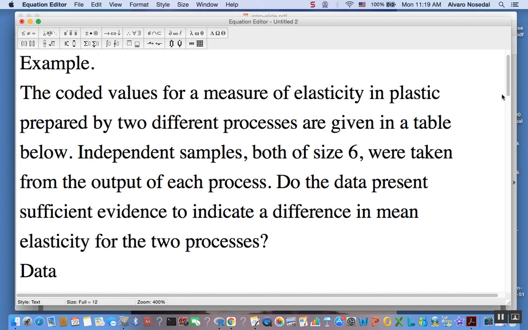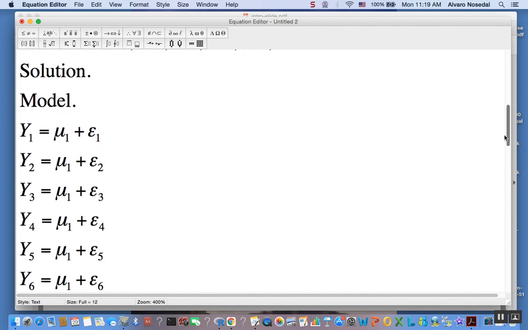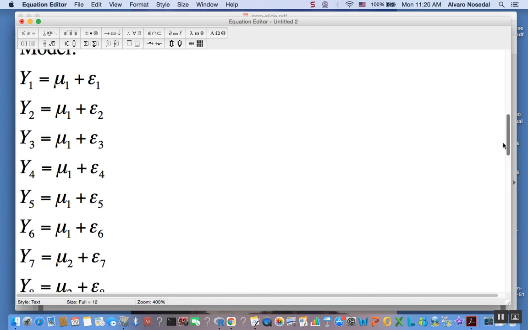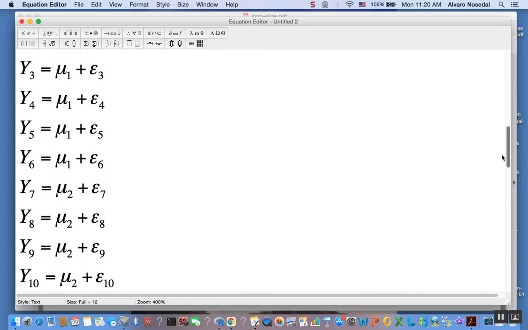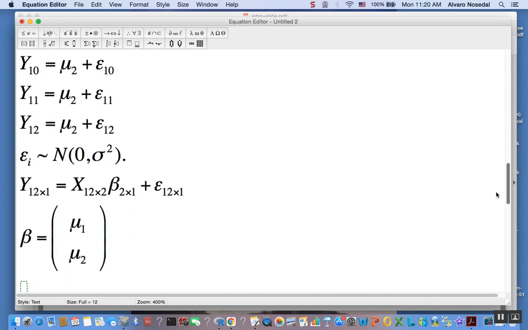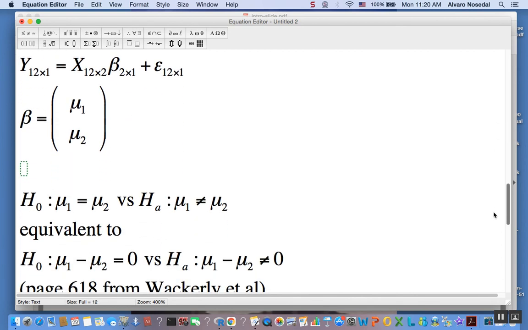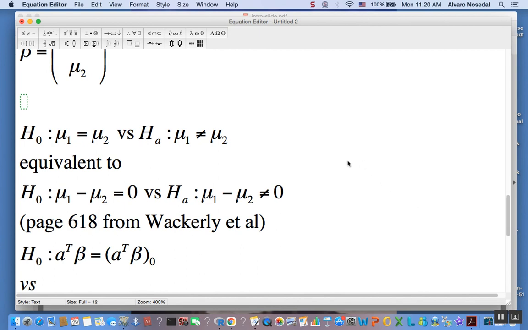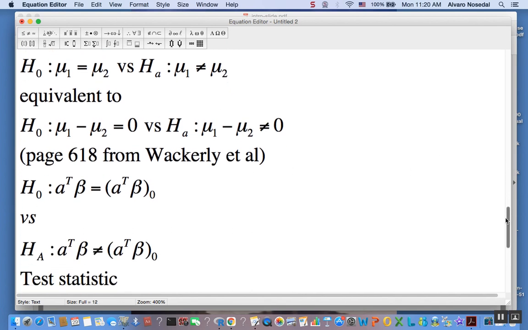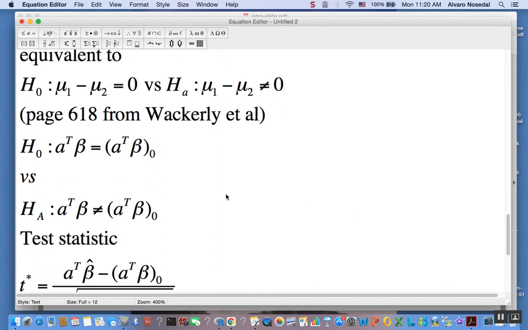And when we translated that problem using our linear model setting, what we realized was that the question was equivalent to a hypothesis test in terms of the parameters mu1 and mu2, which was a linear combination of the beta parameters of a linear regression model.